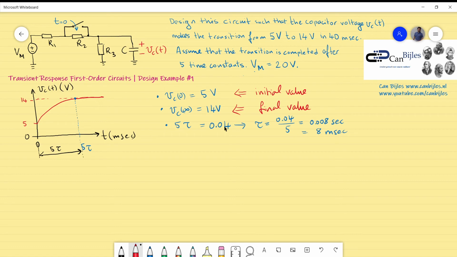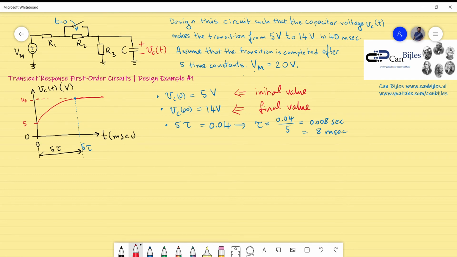Okay, let's look at the circuit and determine the components and expression for them using this information. For calculating the initial value, we assume that the circuit is still in its original state, so there is no change in the switch, and the switch is still open. That is the situation for time less than 0.